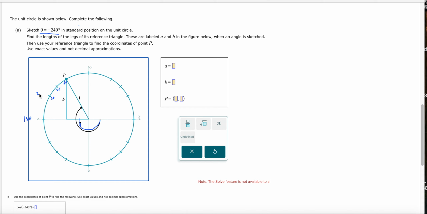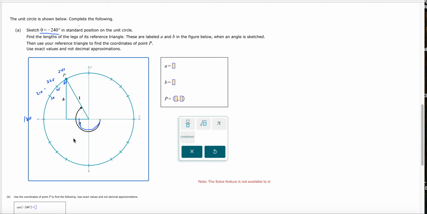So that would make this 210, and then 180 plus 45 is 225, and then 180 plus 60, which is that 240.